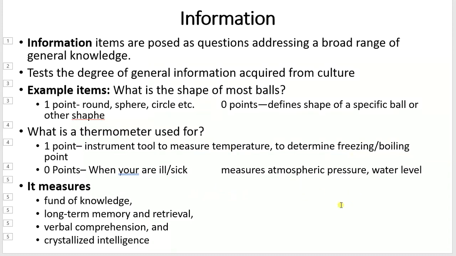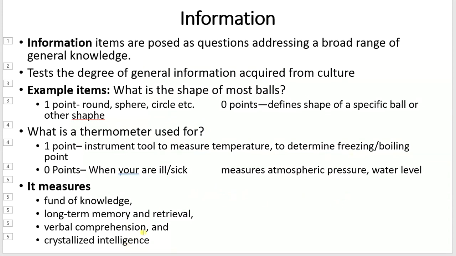So these are some examples of the items related to information. Remember that it is like a general knowledge test that will ask simple general information that one is supposed to acquire as a member of society. You don't need any learning. Those who are not going to school also know what a thermometer is.